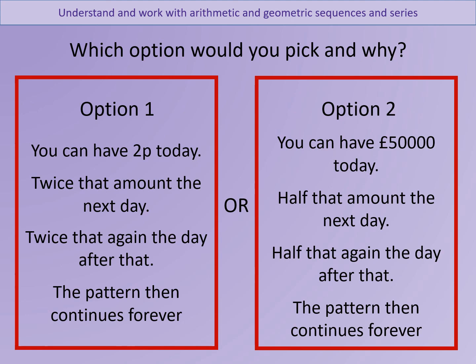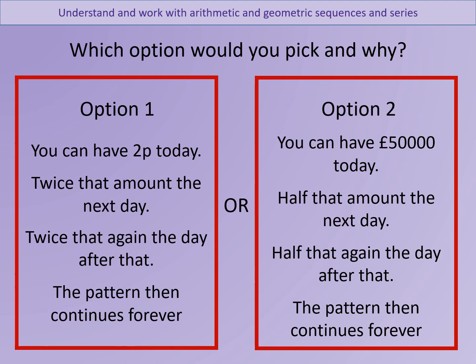Option 2, however, has an r value of 0.5 because each time the value is divided by 2. So therefore, there will be a sum to infinity. You can calculate this by using a as the initial value on day 1, 50,000, and using r as 0.5. So the sum to infinity you can calculate will tell you how much money you will end up with eventually.